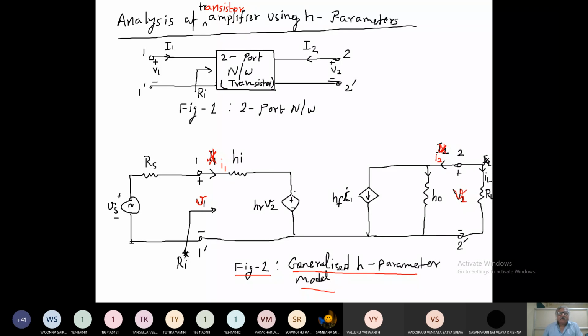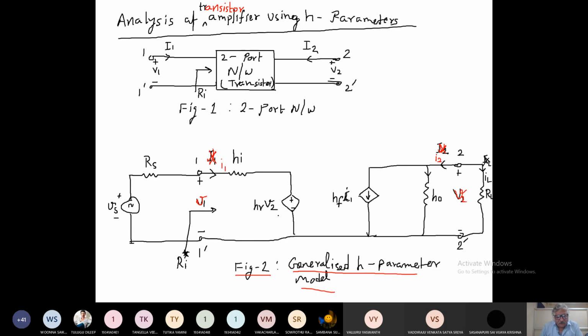There is one voltage source, HR V2. What type of voltage source is this? Dependent, independent? Yes, dependent voltage source is there.